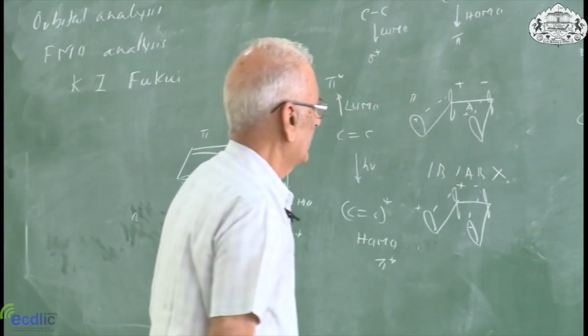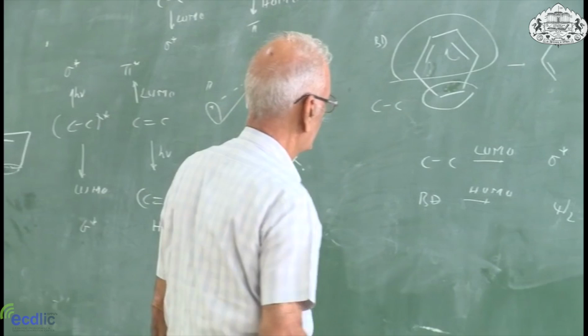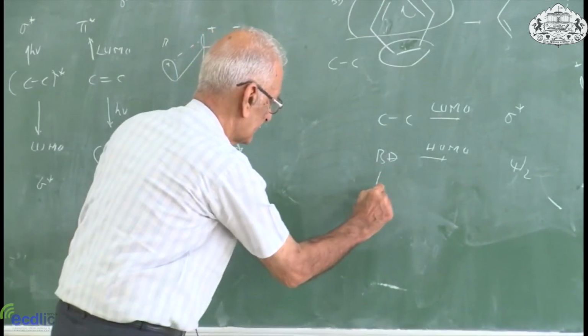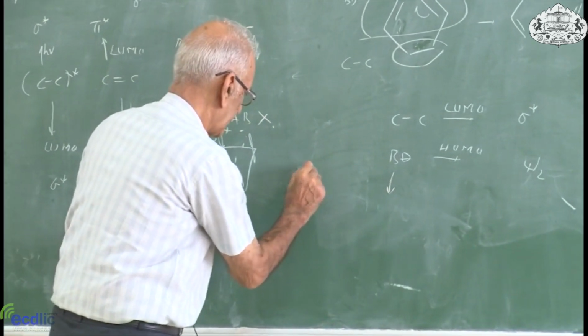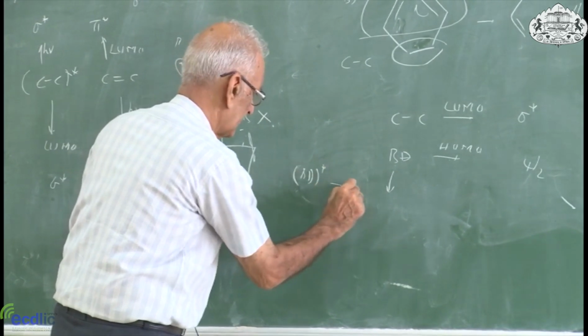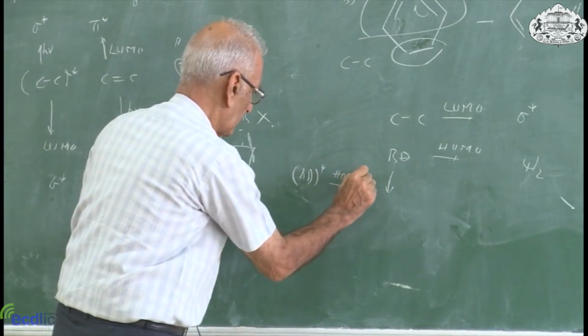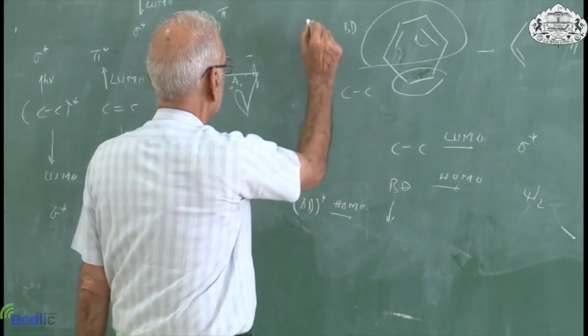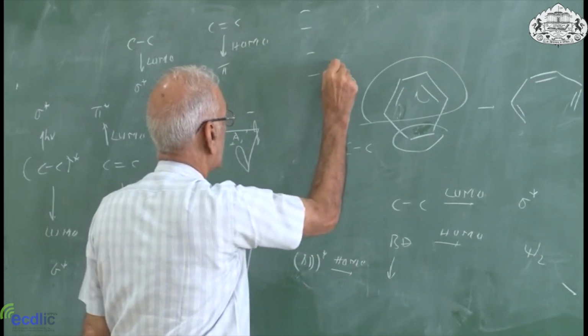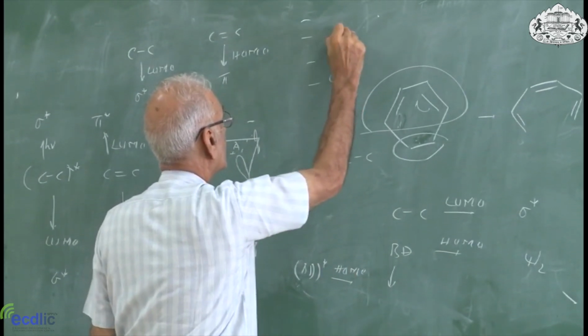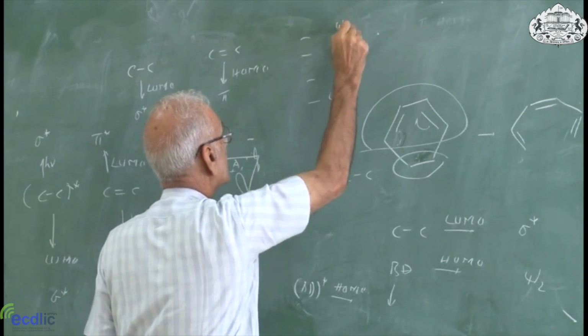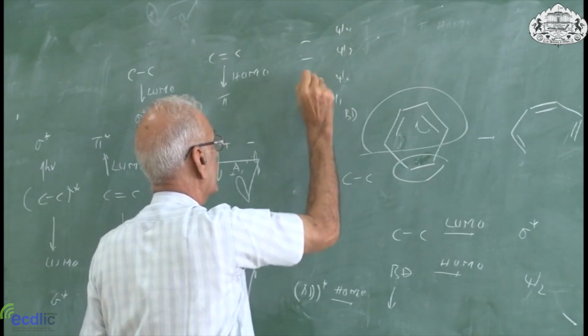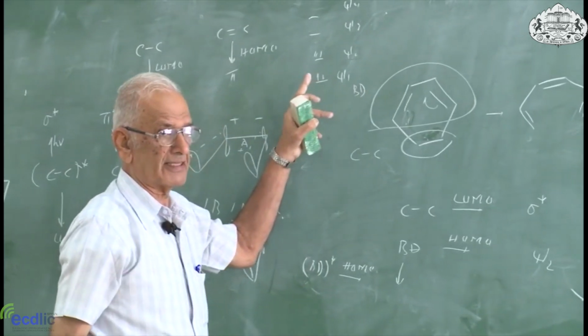Okay. Now let's look at photochemical. Butadiene is excited. What is the HOMO of the excited butadiene? Psi1, Psi2, Psi3, Psi4. Normal butadiene, two electrons in Psi2.